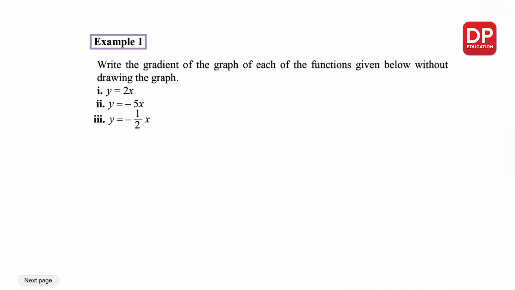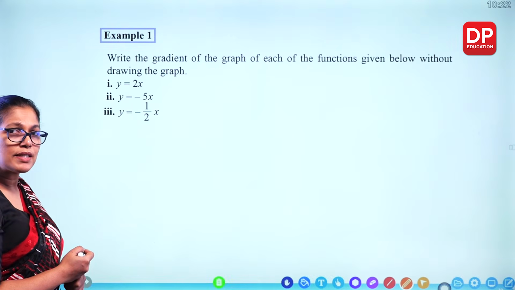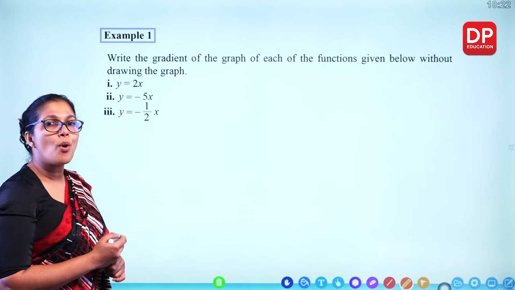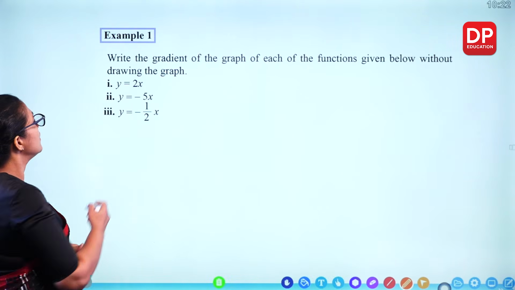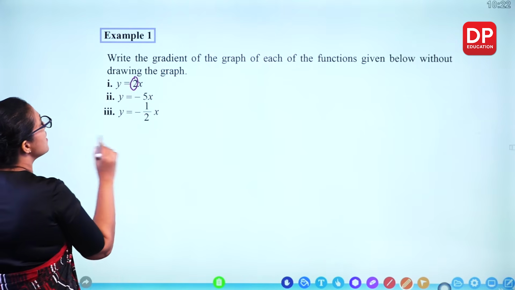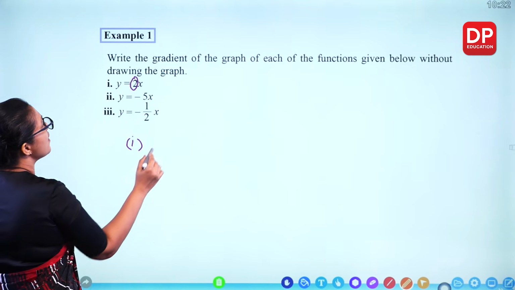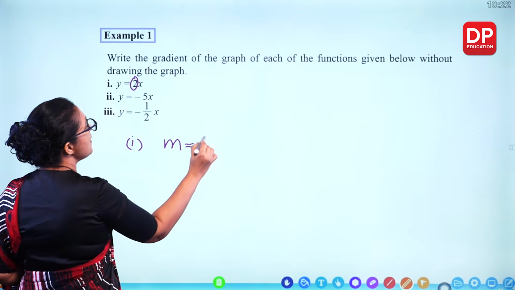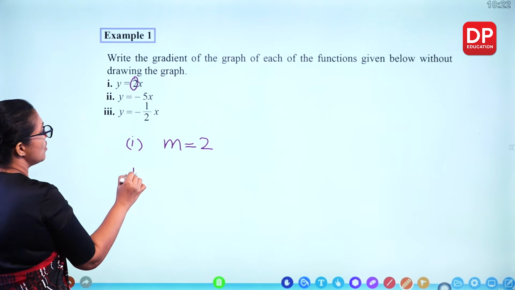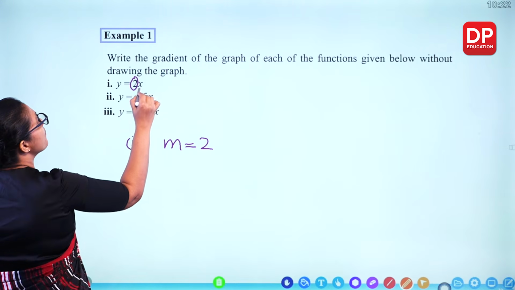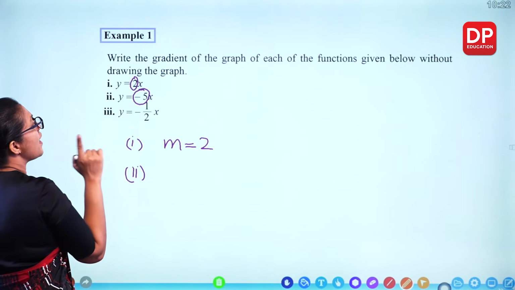Example number 1. Write the gradient of the graph of each of the functions given below without drawing the graph. So how do you identify the gradient? The coefficient of the x value. So the coefficient here, when you take the first one, the gradient m is 2. What's the second one? Coefficient of x.